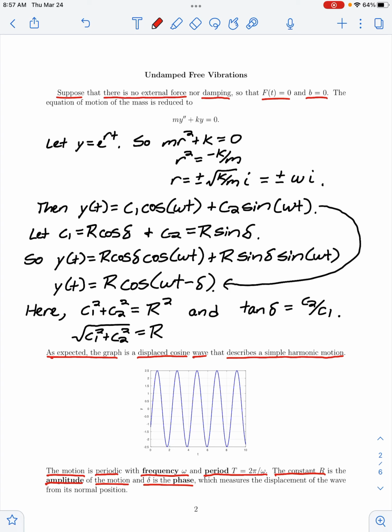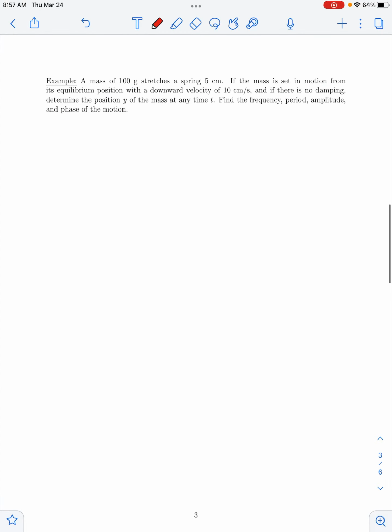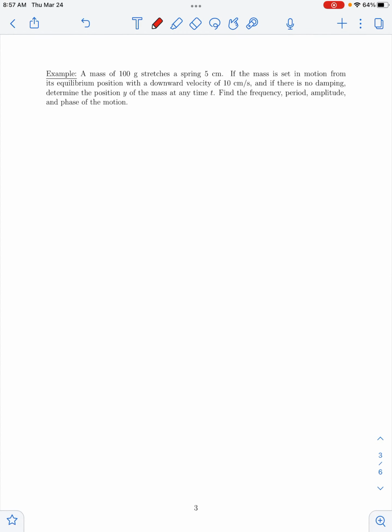So let's consider an example of a mass spring system which exhibits undamped free motion. In this first example, we consider a mass of 100 grams, and we're told that this stretches a spring by 5 centimeters.